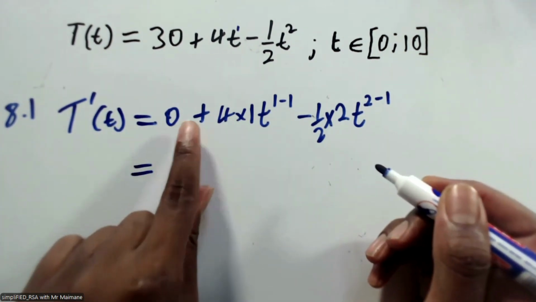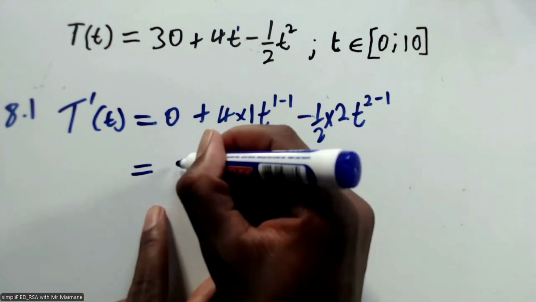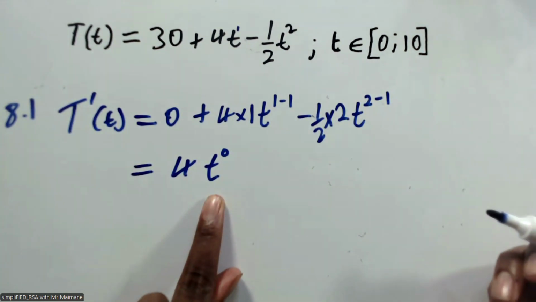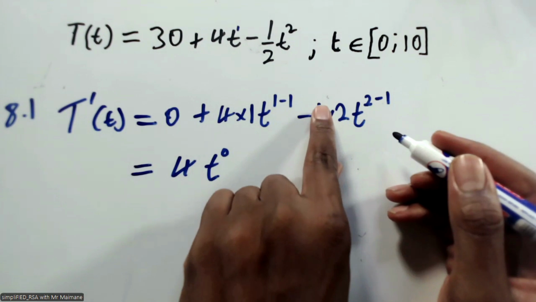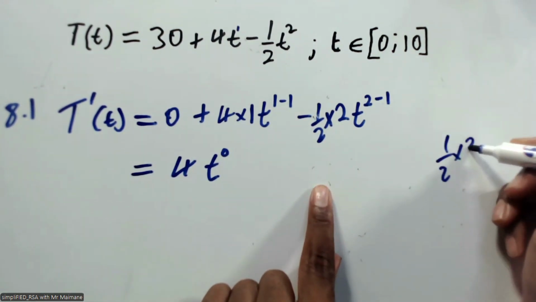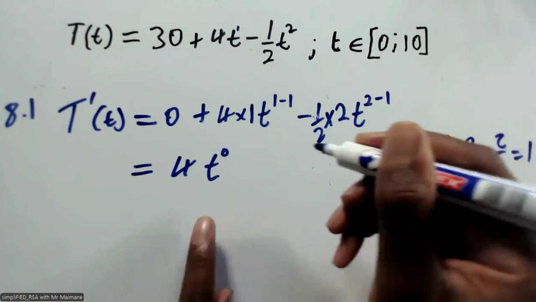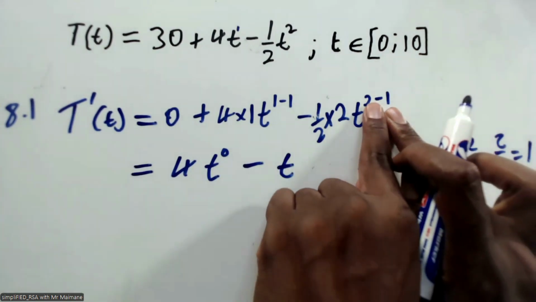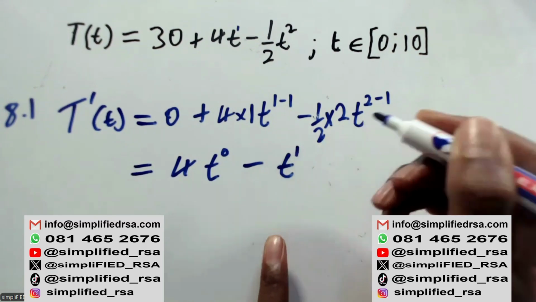Simplifying this, 0 is 0. 4 times 1, t to the 1 minus 1 would give me 4 times t to the exponent 0, minus 1 over 2 times 2. This is the same as 2 over 2, which is just going to be 1. So I'll have minus t to the exponent 2 minus 1, which is just going to be 1.